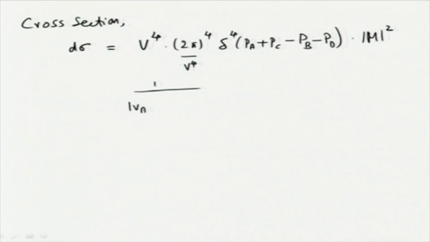and the flux factor, which is |v_A − v_B|, the magnitude of the relative velocity, times 4 E_C E_A. So, this is E_C V_C.